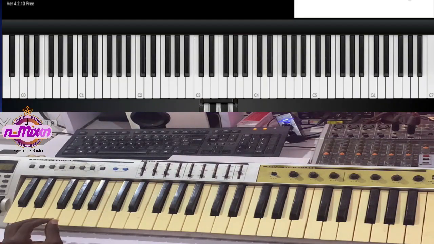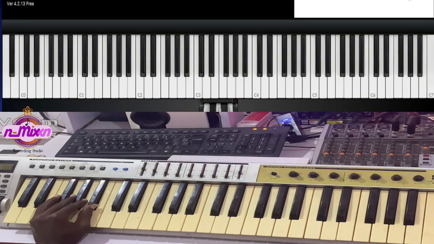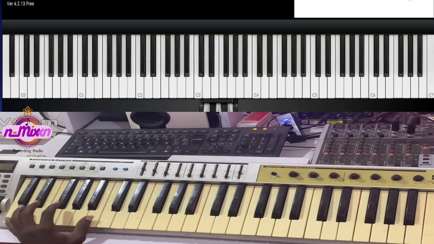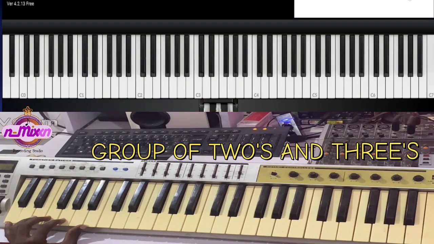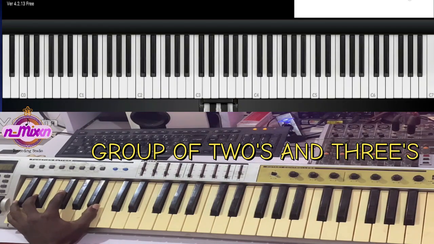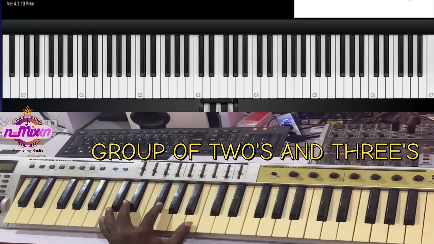Every 2 set and every 3 set forms a group, together with the white keys that are over here. Okay, good. So if we watch it carefully, we realize that we have a set here, then we have another set here, like this, meaning I'm talking about the 2 and the 3 set together with the white ones that are around it.